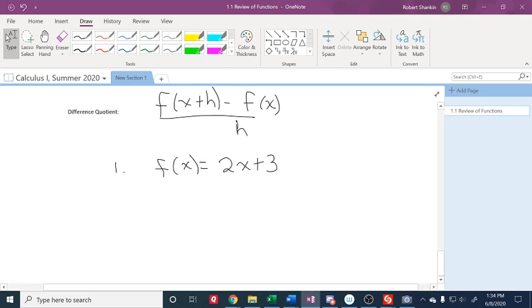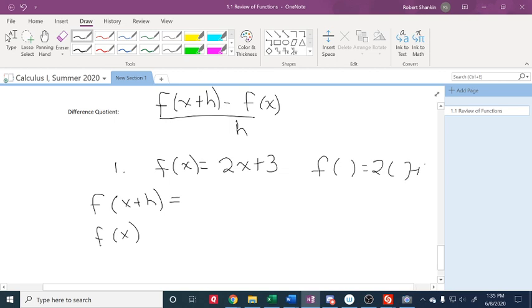All right. So how I do it is right here. The main thing to realize is that this expression has really three parts. There's the part of f of x plus h. There's the part of f of x. And then there's putting them all together. If I do f of x plus h for this particular function, what f of x equals 2x plus 3 really means is f of anything is 2 times that thing plus 3.